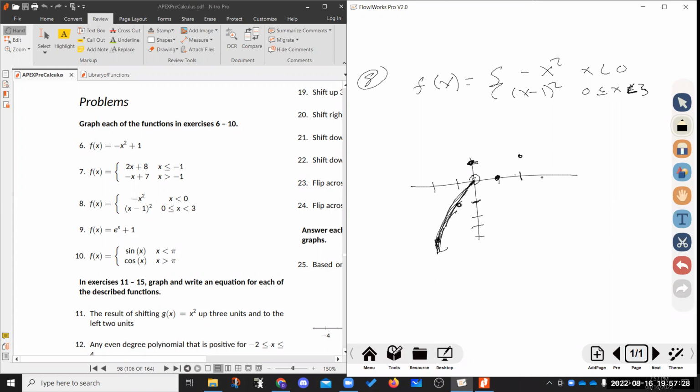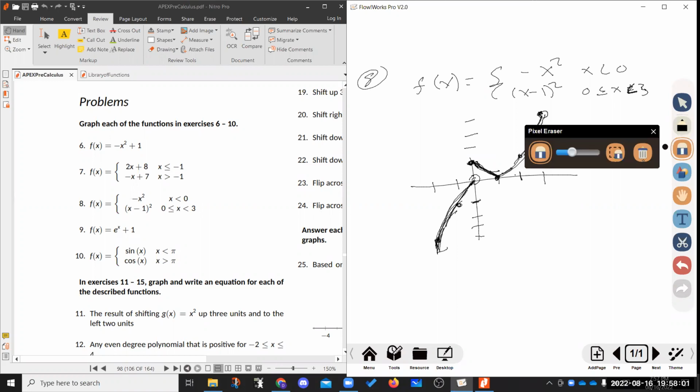And then at x equals 3, this is 2 squared is 4. So 1, 2, 3, 4. And we're going to stop there. 3 is not included, so this is an open circle up here. 0 is included, it's a closed circle, so I'm coming down to my vertex and then opening back up like this in a piece that looks quadratic.